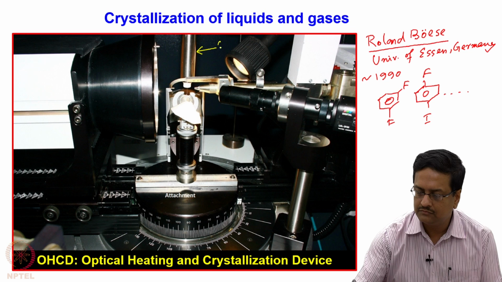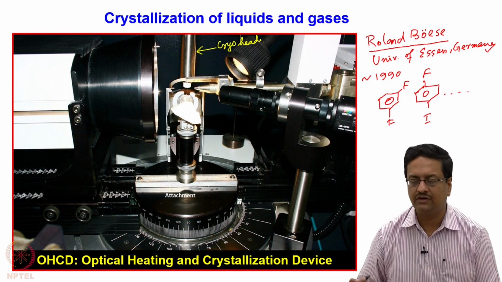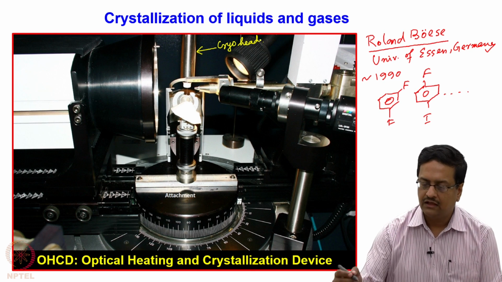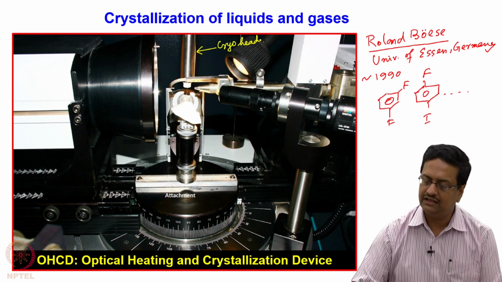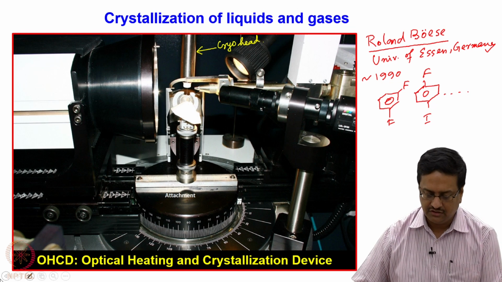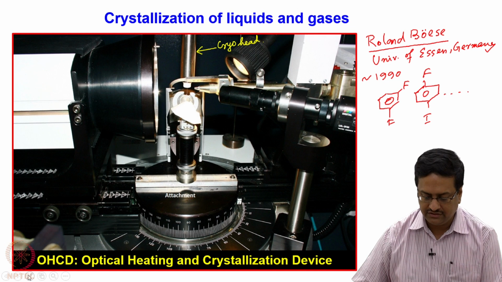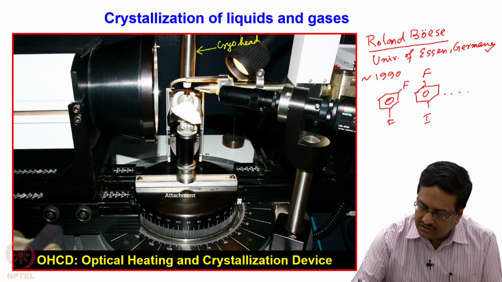We have a cryo head which supplies a cold stream of liquid nitrogen, or rather a cold stream of nitrogen gas, and then crystallizes or solidifies the material inside the capillary which is mounted here.